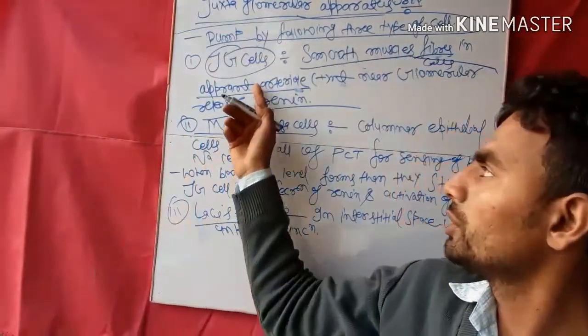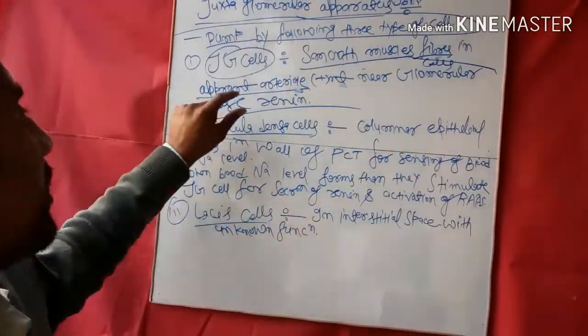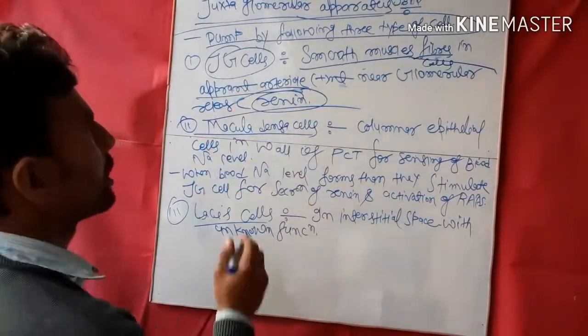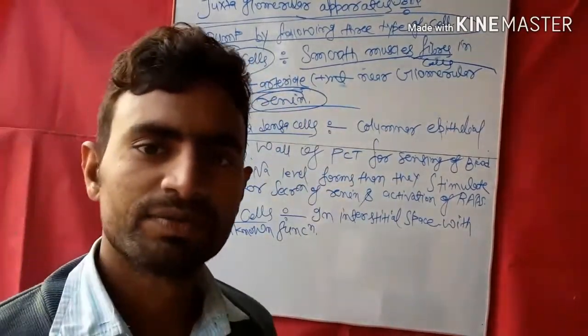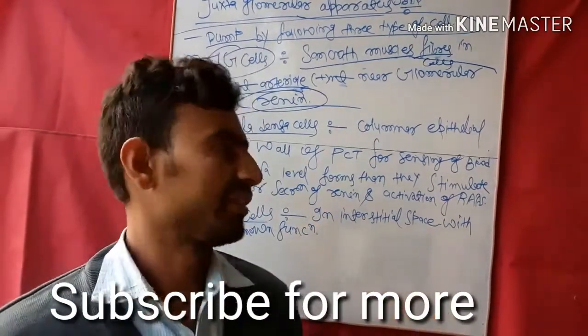From this you can understand that renin is secreted by the juxtaglomerular cells.